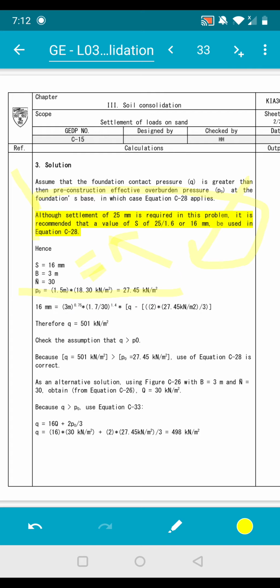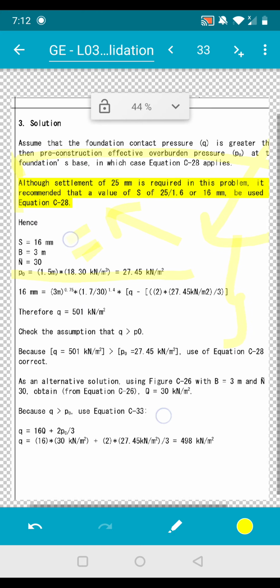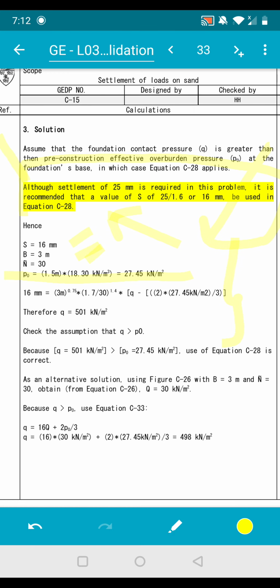Follow this step by step. So you have this after substituting all the parameters. Therefore, your Q is 501 kilonewton per meter square.